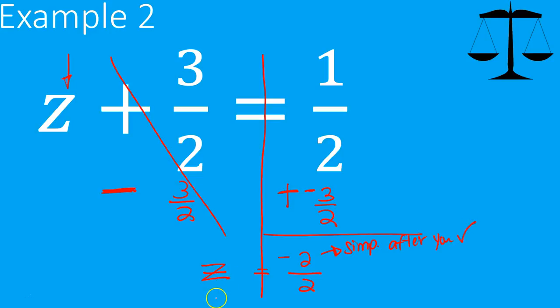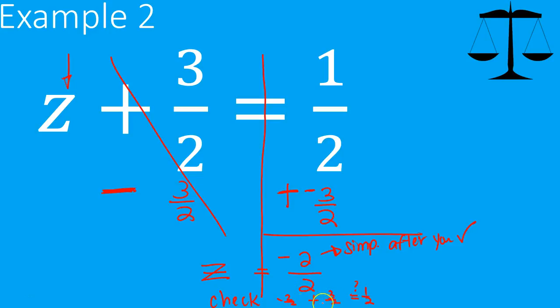So I'm going to write that here. Instead of z, I'm going to put my answer, negative 2 over 2, plus 3/2. Does that equal 1/2? If it doesn't, my answer is wrong.